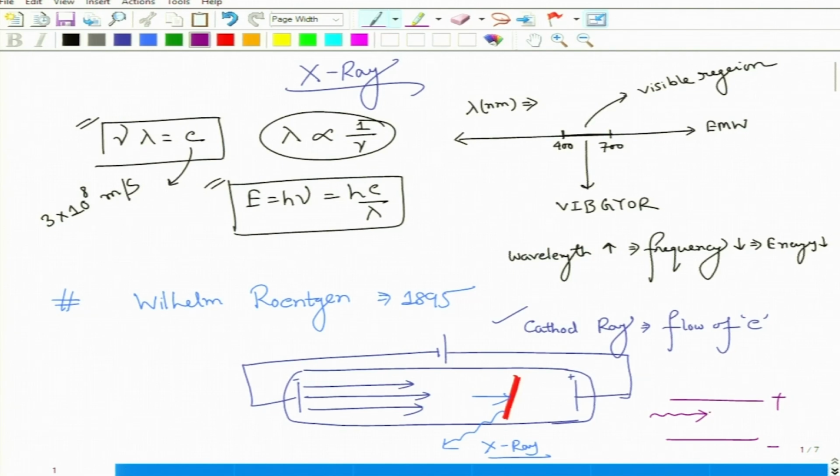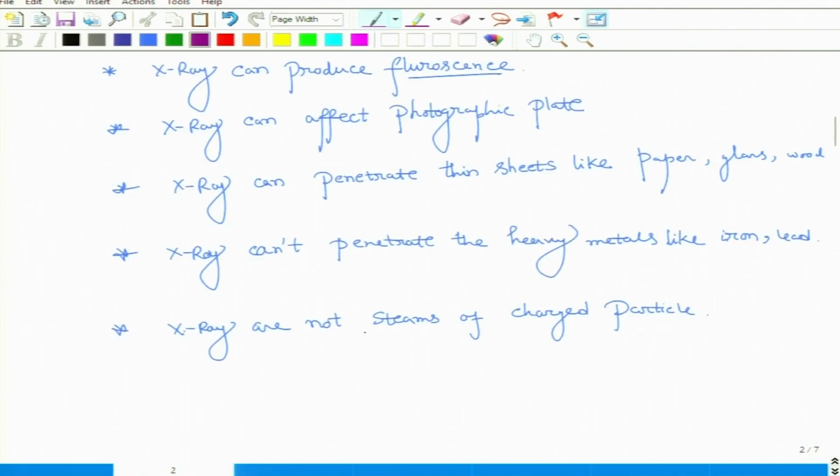If it were a flow of negatively charged particles, obviously it would be attracted towards the positive side. If it were a flow of positively charged particles, it would be deflected towards the negative plate. But actually it is not deflected in any direction, it goes straight. So it means it's not a stream of charged particles. It is confirmed.